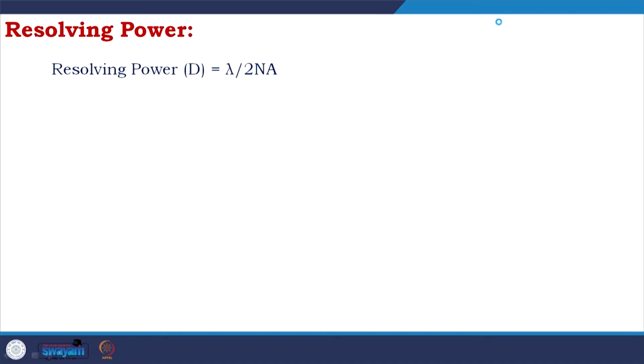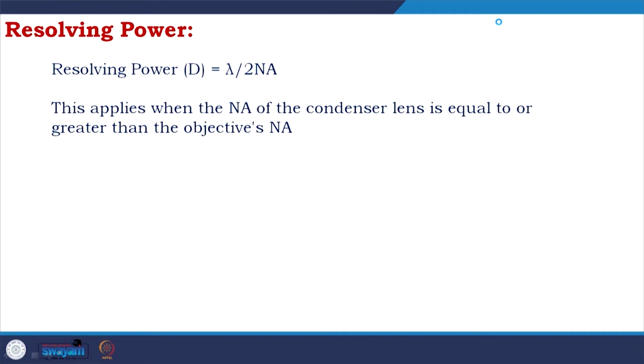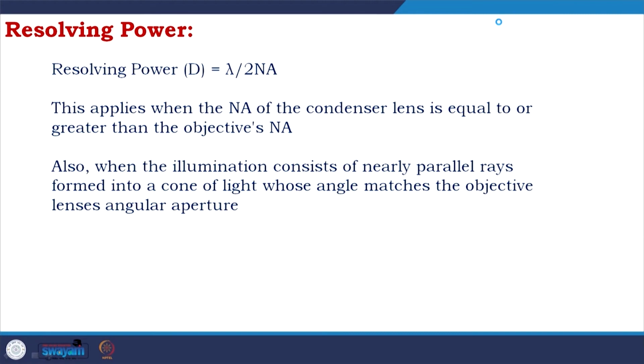Again, going back to what we discussed, the resolving power d is lambda by 2 NA, where NA is the numerical aperture. This applies when the NA of the condenser lens is equal to or greater than the objective's numerical aperture, and when the illumination consists of nearly parallel rays forming a cone of light whose angle matches the objective lens's angular aperture.